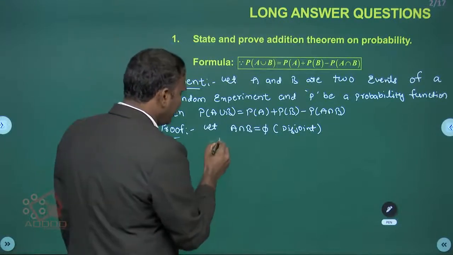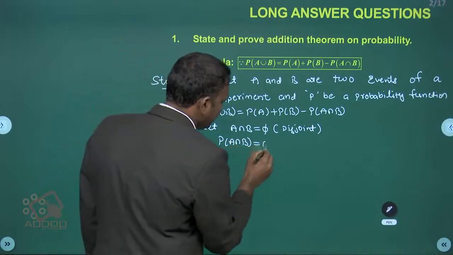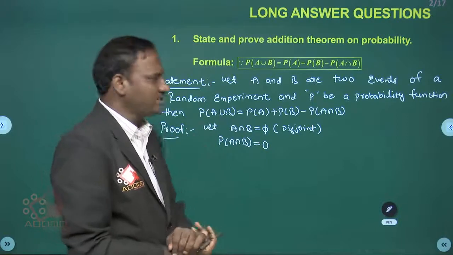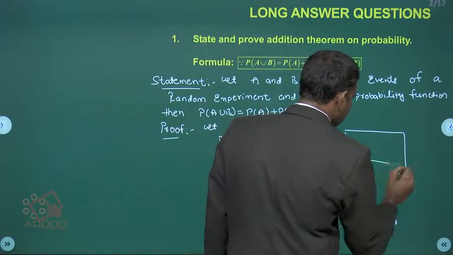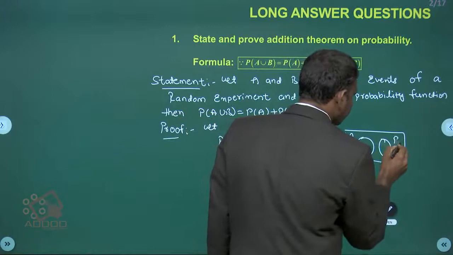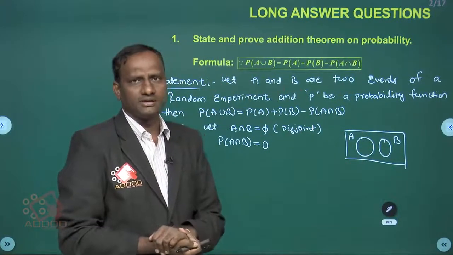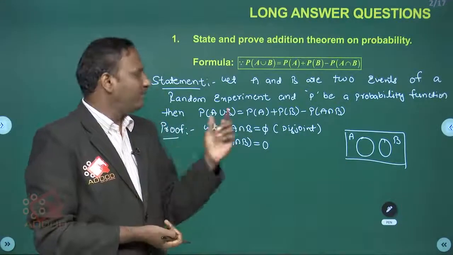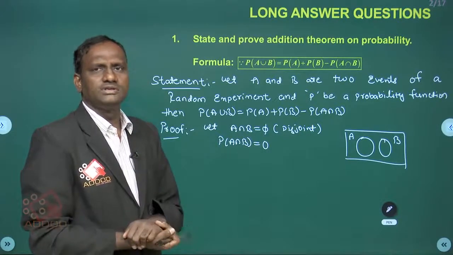When you operate P on this, P of A intersection B will become 0. If you come to the figure, this is A and this is B, and there is no common element between A and B. That is why we have taken A intersection B equal to empty. Operating the probability function, P of A intersection B becomes 0.